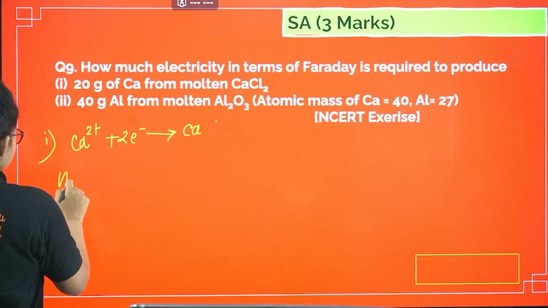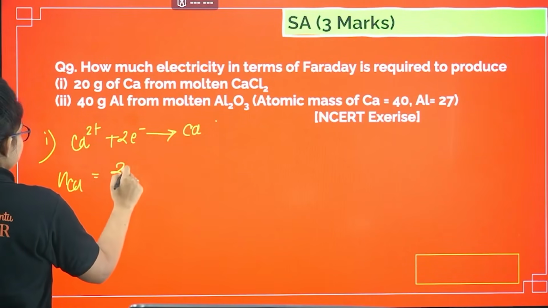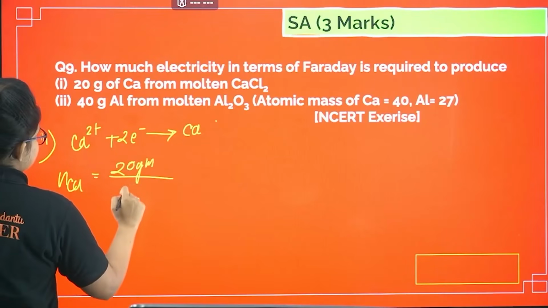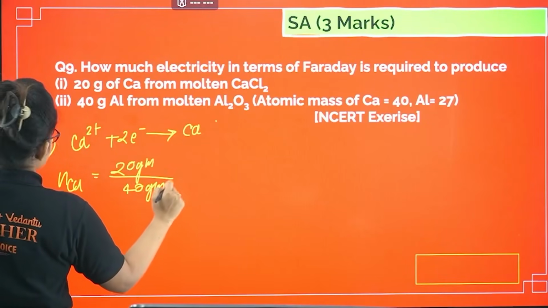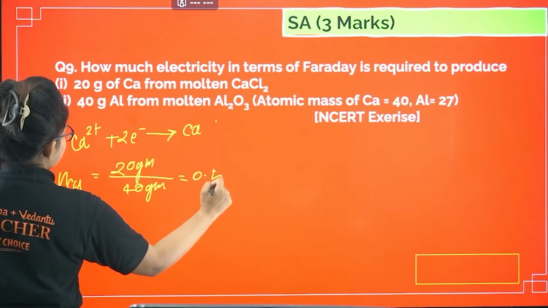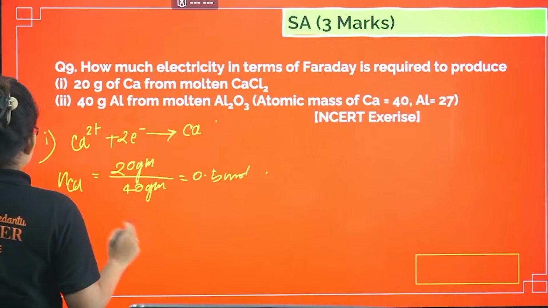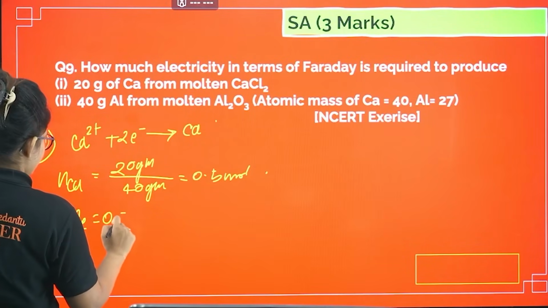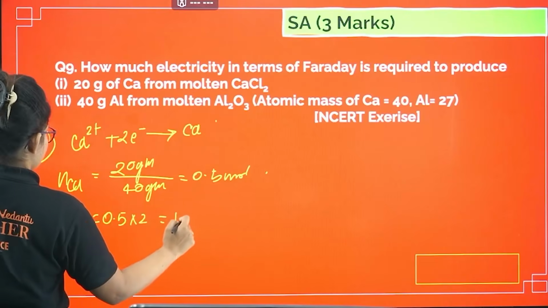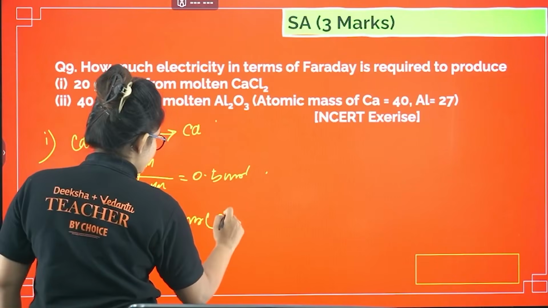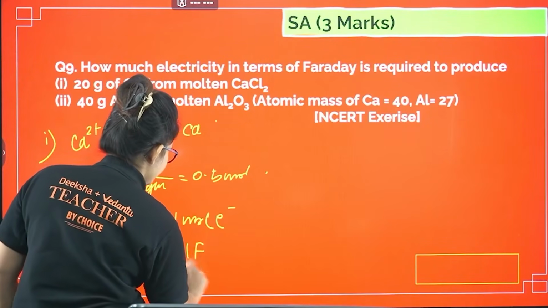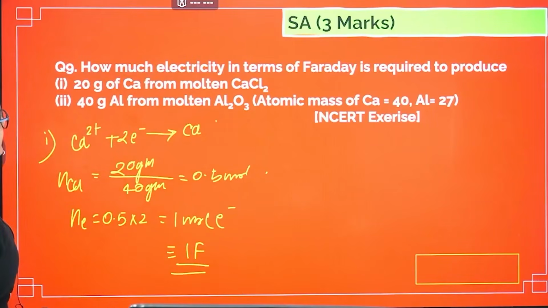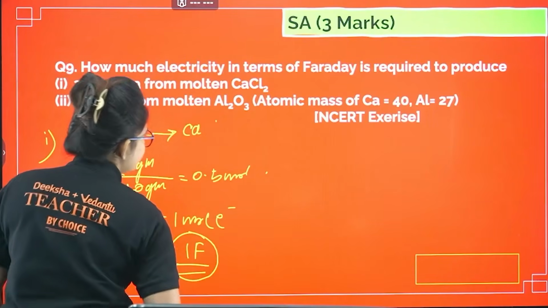The number of moles of calcium is 20 gram divided by 40 gram, the atomic weight of calcium, which is 0.5 mole. So the number of moles of electrons is 0.5 into 2, that is 1 mole. The charge of 1 mole of electrons is 1 Faraday. That is the answer. So 1 Faraday you need.